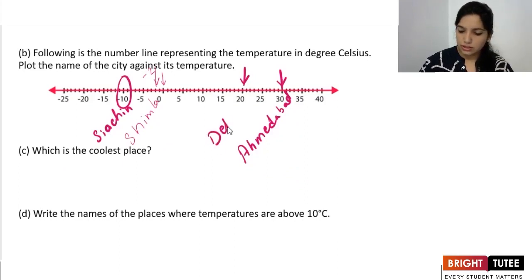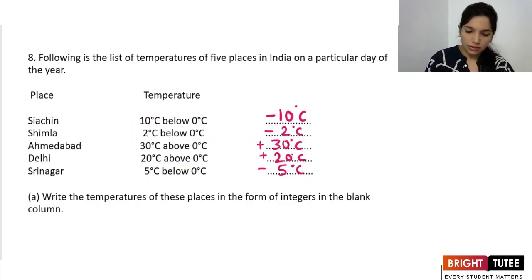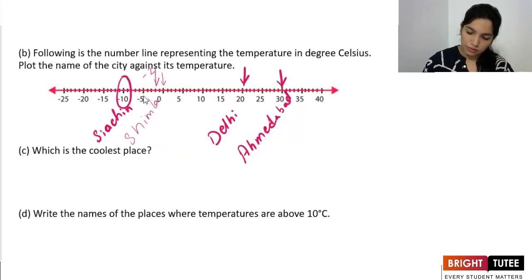And let's write Delhi here. The next one is -5 for Srinagar. So here all these numbers are sitting too close together. So at -5 here, I'm just shading this part. This -5, this one is for this. I'll just put it here. And here this is representing Srinagar.